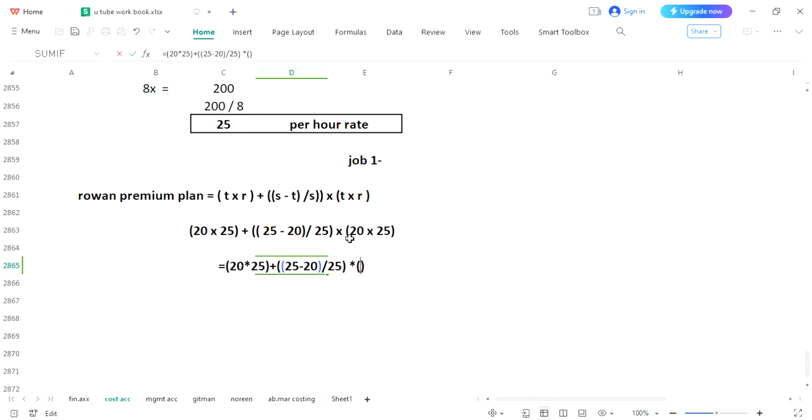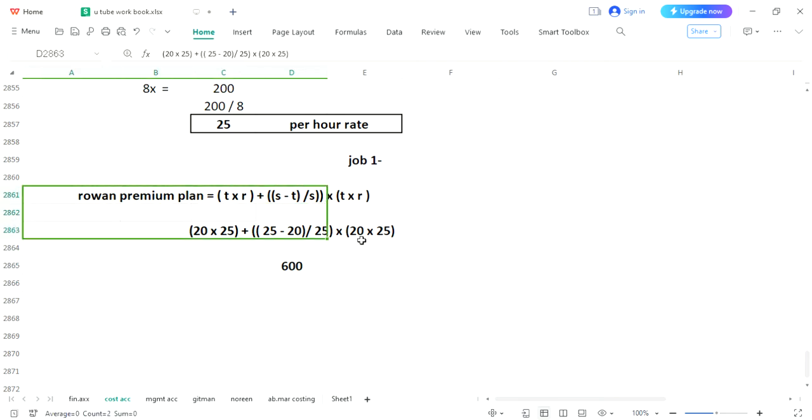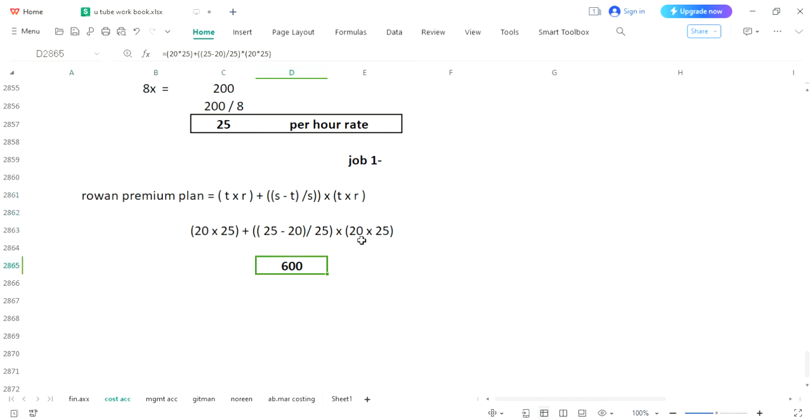Then multiply 20, again multiply 25. In this way we have calculated job number 1. Whatever we have done over here was your input, and finally we have got the answer 600 for job number 1. Now similarly we will apply job number 2, and for that again the Rowan plan is needed.